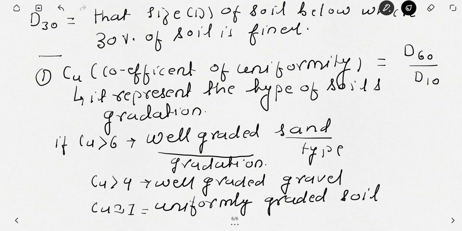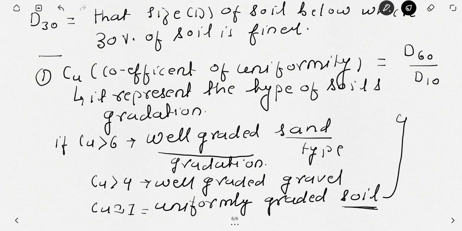So what we have, if Cu is greater than 6, then it is termed as well graded sand, and if Cu is greater than 4, it is termed as well graded gravel. Okay, so if Cu equals 1, it is termed as uniformly graded soil. I have said the idea about how to name this soil in this place.